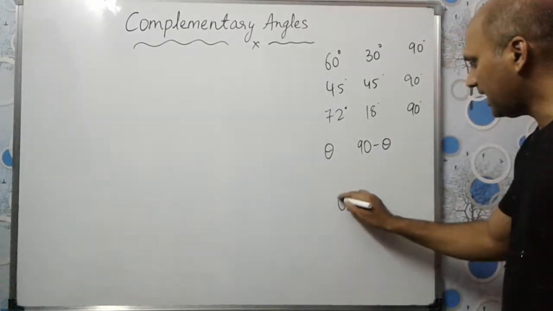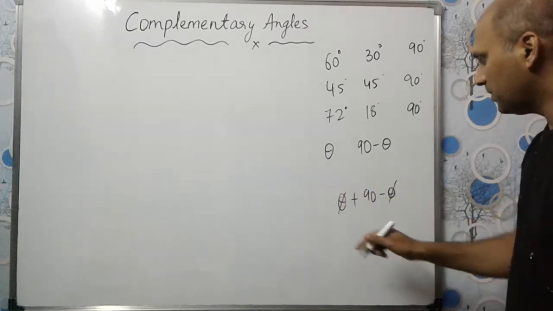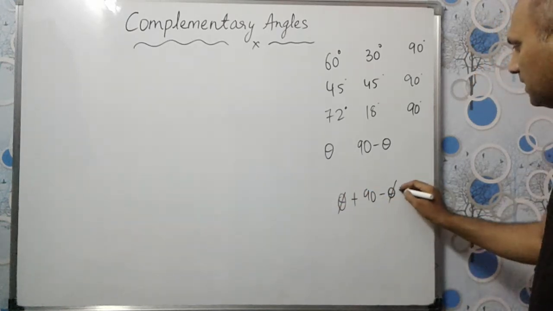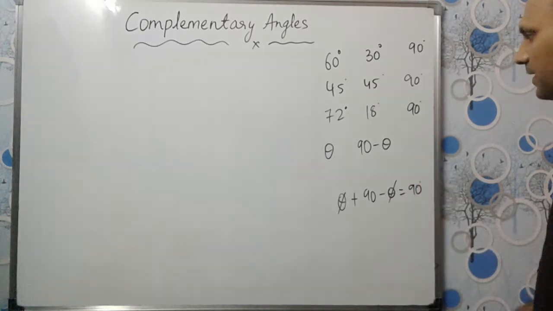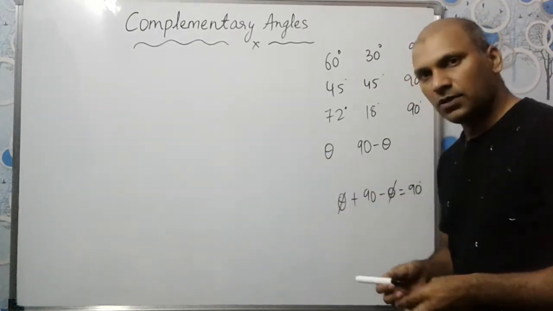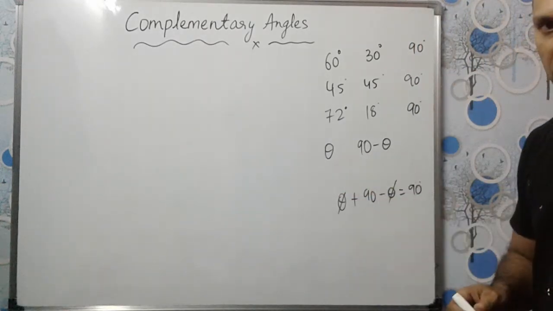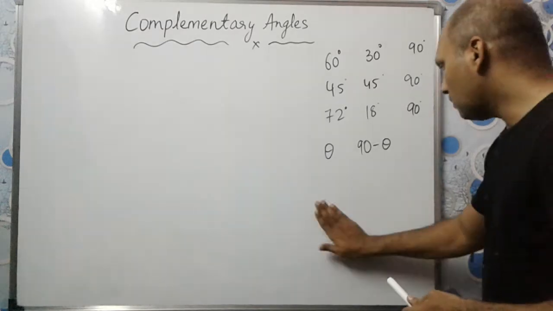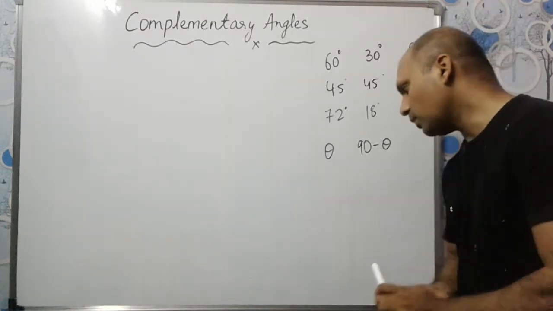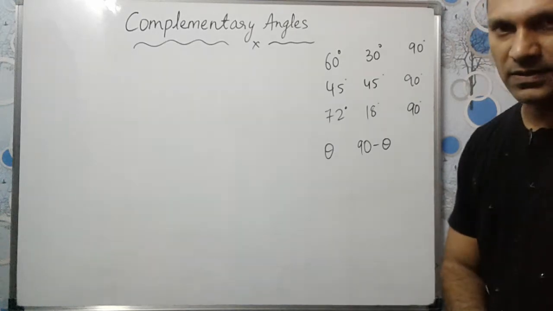If we add theta and 90 minus theta, minus theta and plus theta become 0, and the sum is 90 degrees. So can we say theta and 90 minus theta are complementary angles? Yes, these two are complementary angles. So what are complementary angles? Two angles are said to be complementary if their sum is 90 degrees.